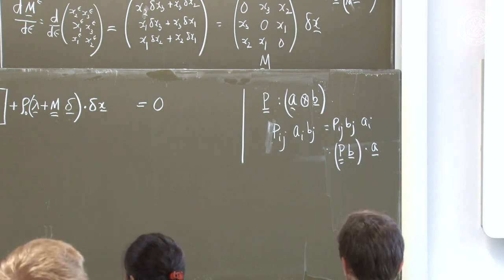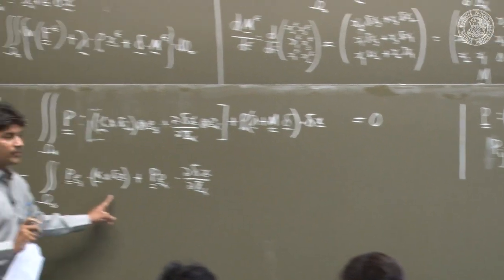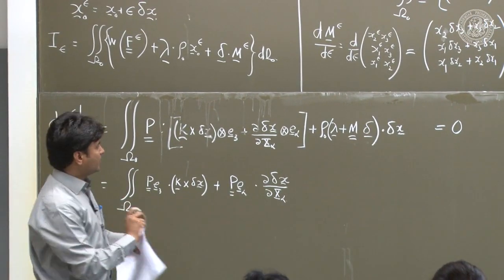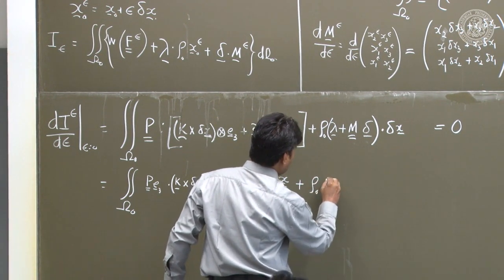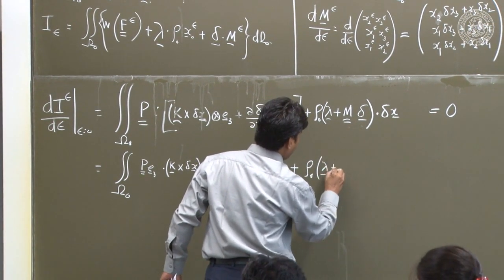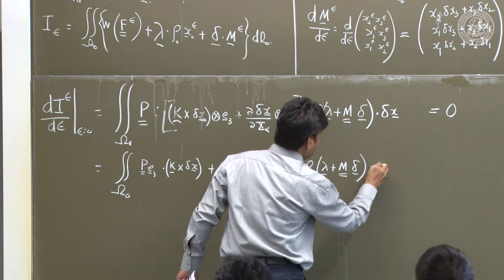The last one first gets multiplied with P, then dot the remaining vector, same over here, plus rho naught of lambda plus big M delta dot del x.